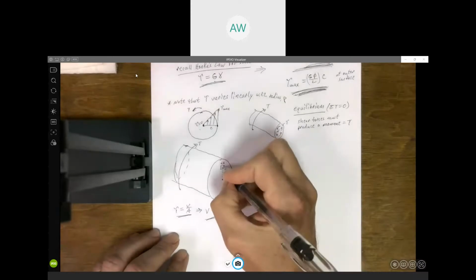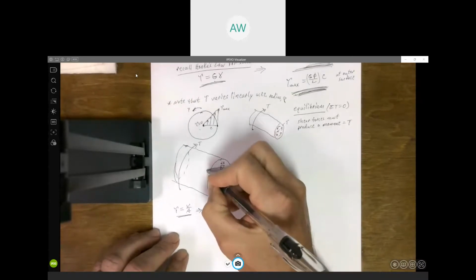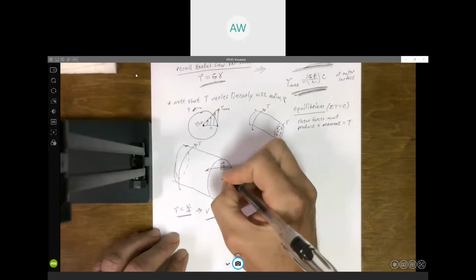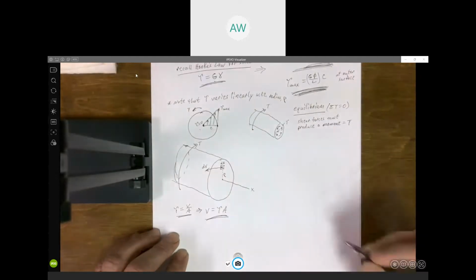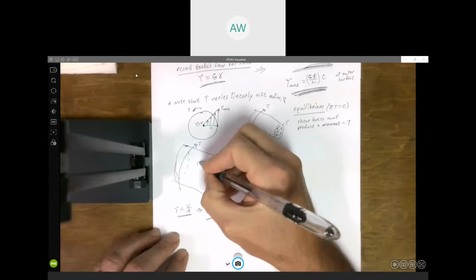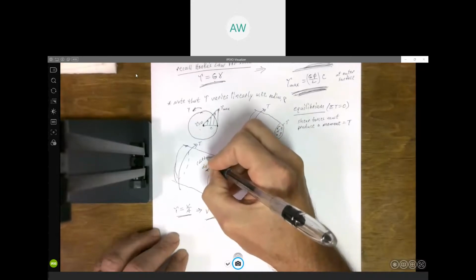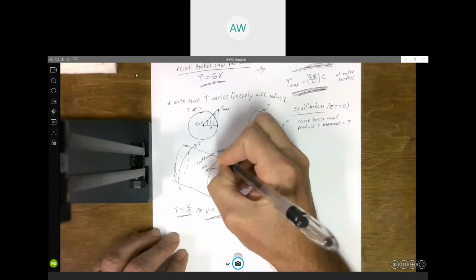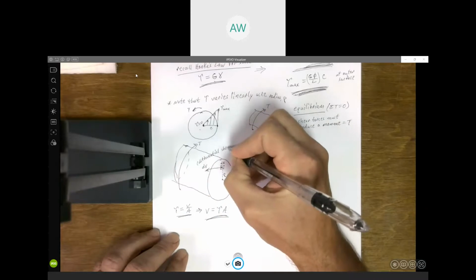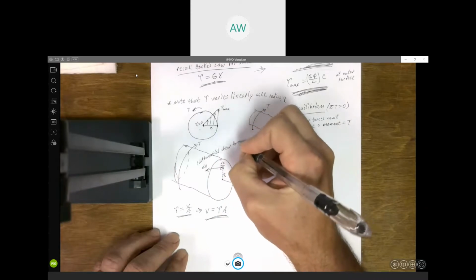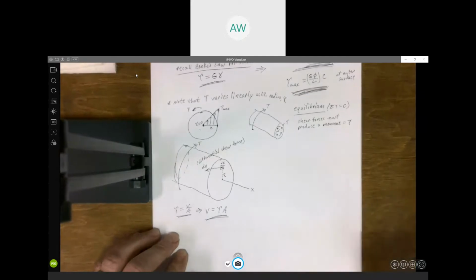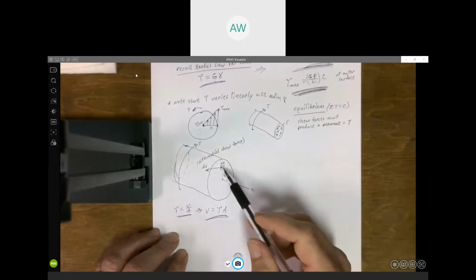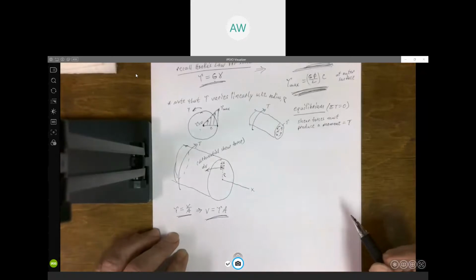There is a shear force that's acting over that differential area. I'm going to call it dV for the differential shear force.